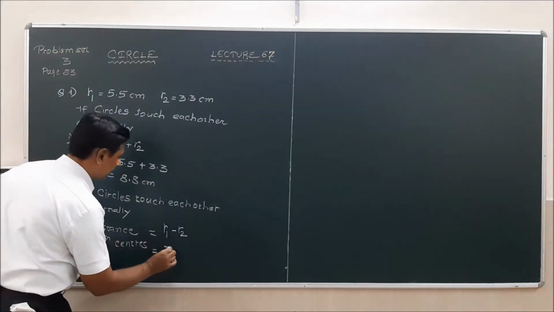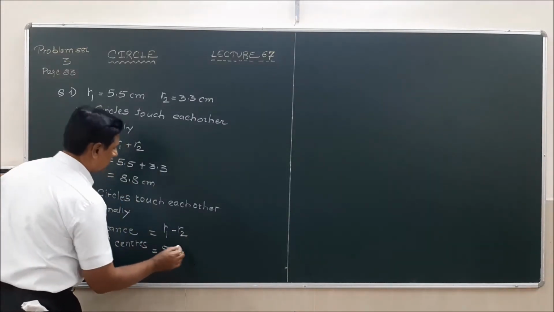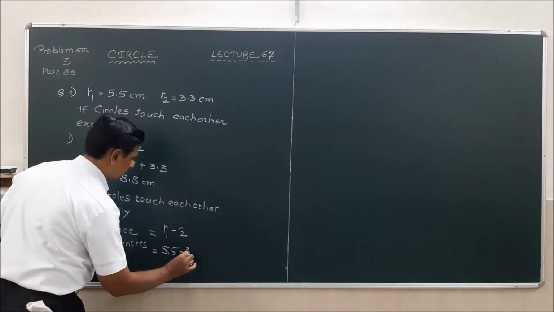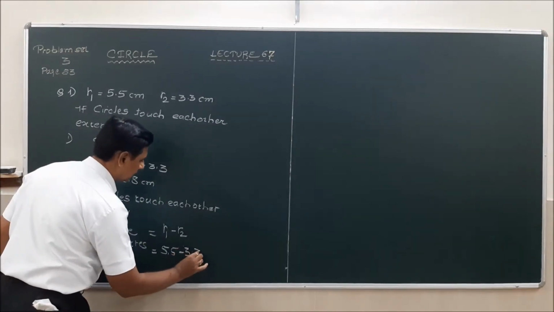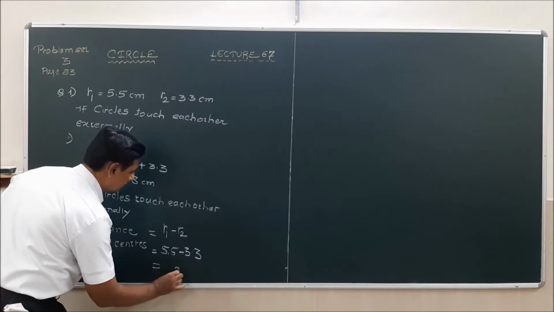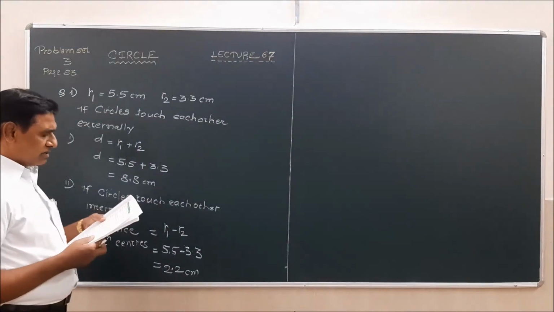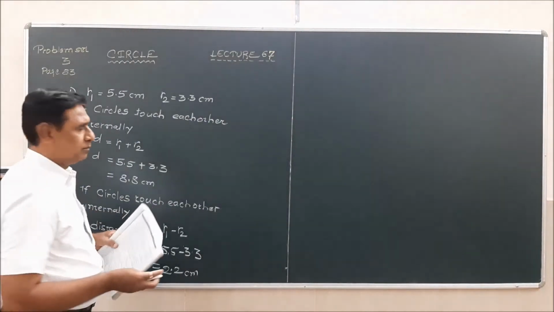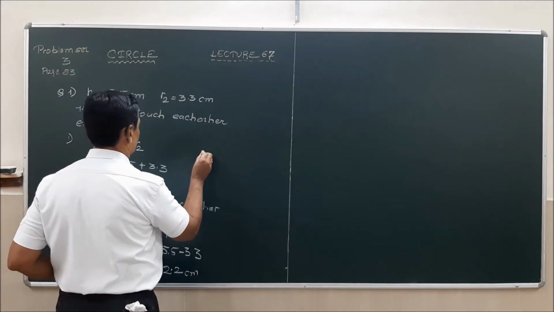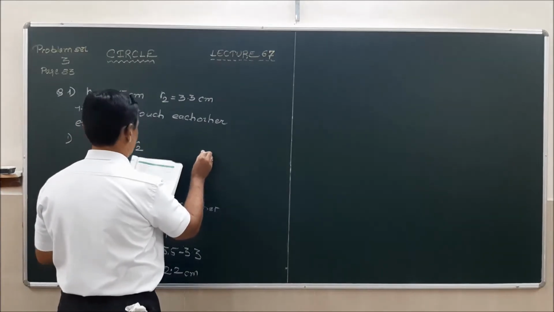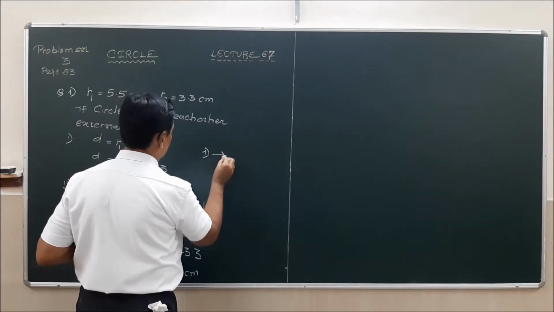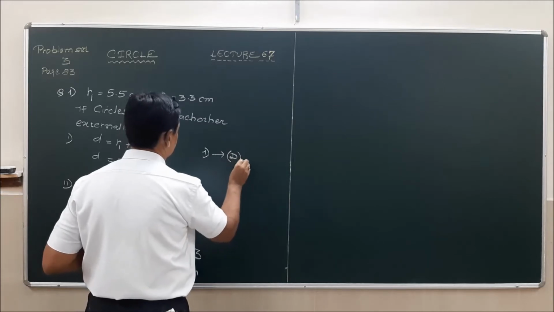R1 is 5.5 while that of R2 is 3.3. So the answer for this is option D. First one, option D.